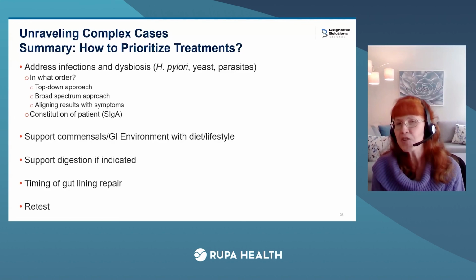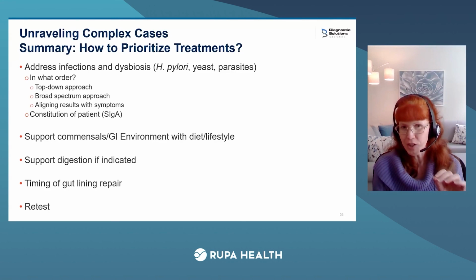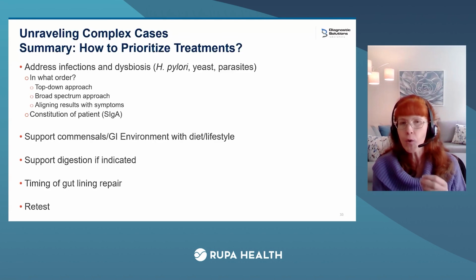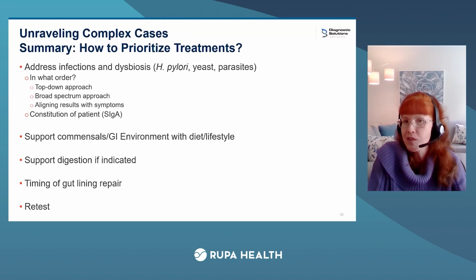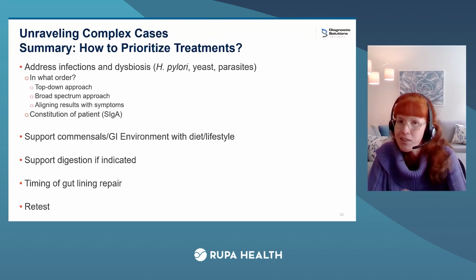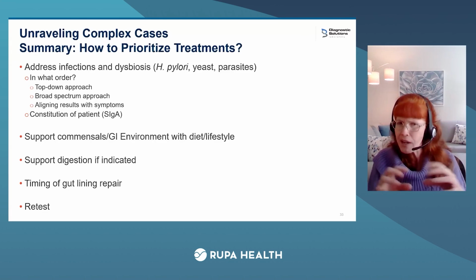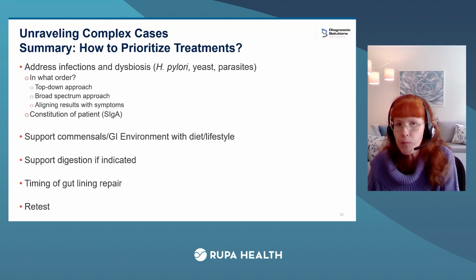Yeah. Again, there's no hard and fast rule. It's a situational basis. I look at, we're going to get the most bang for our buck to go in with a gut repair formula after we've gotten rid of the things that are actively damaging the gut. Otherwise, if they're still there, it's 1 step forward, 1 step backwards, or maybe 2 steps forward, 1 step backwards. So it helps after is where I typically put it.